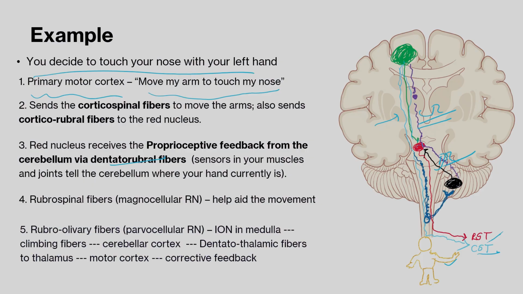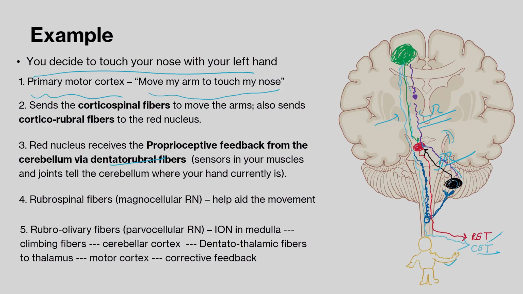And after it does that, the rubro-olivary fibers from the red nucleus provide ipsilateral input to the inferior olivary nucleus, which via the climbing fibers reaches the cerebellum and tells it that this movement has been made. The cerebellum senses that movement, and then it again sends the corrective input or feedback to the thalamus via these fibers.